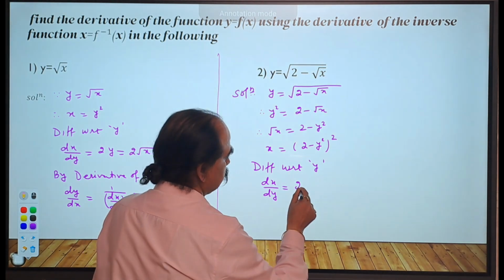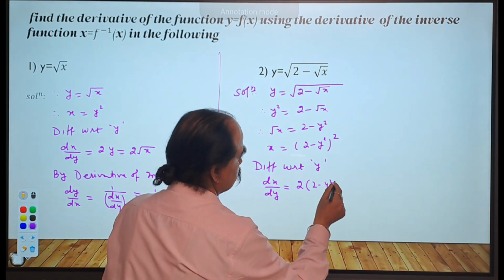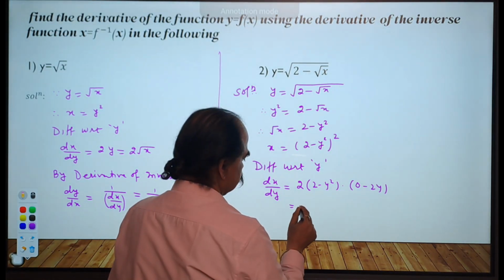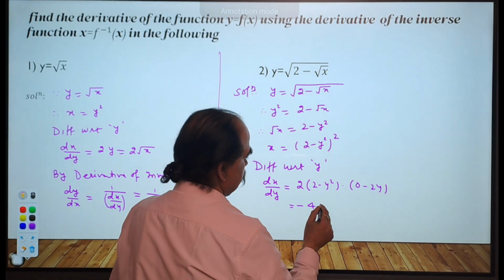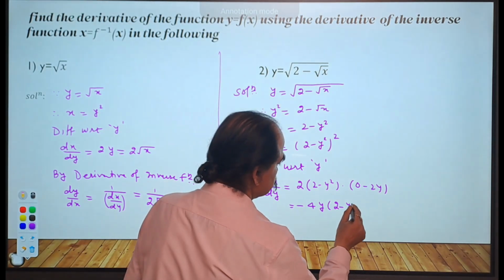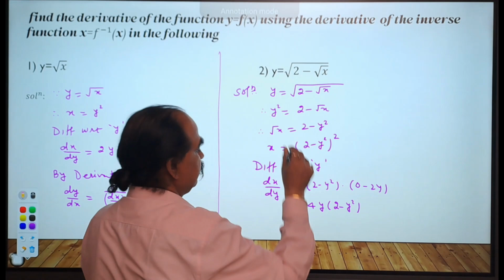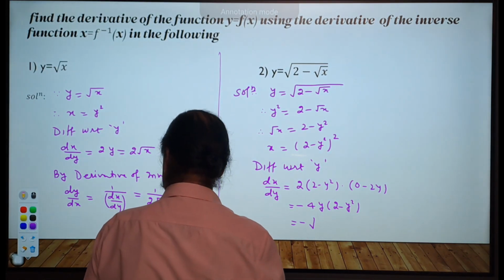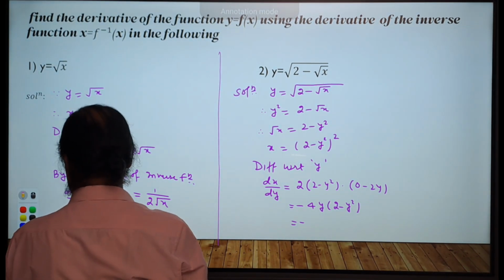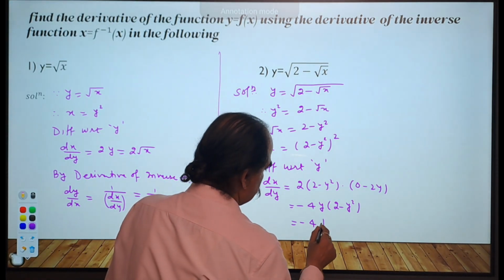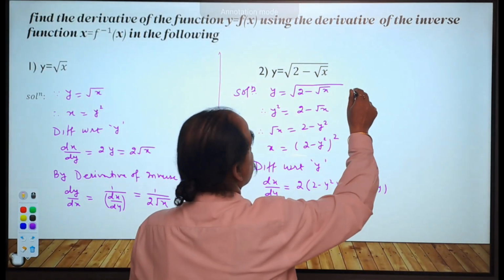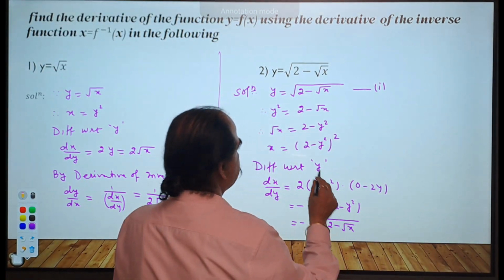First we take derivative of power, 2 times 2 minus y square into derivative of inside function, minus 4 into y into 2 minus y square. y is root of 2 minus root x, and 2 minus y square is what? Root x.